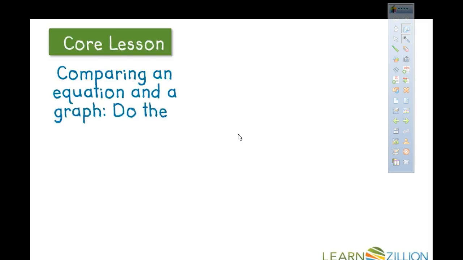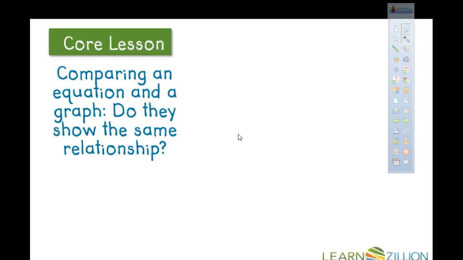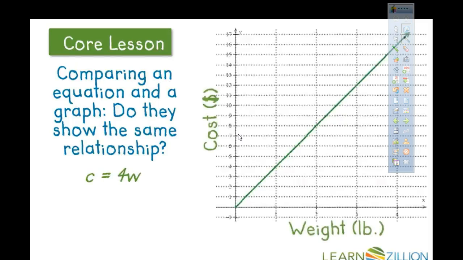First, let's learn how to compare a graph and an equation to see if they're showing the same relationship. Here's an equation, c equals 4w, and here's a graph. There are a few ways to check whether they in fact show the same proportional relationship. One way, which is a bit slower, is to test specific ordered pairs.